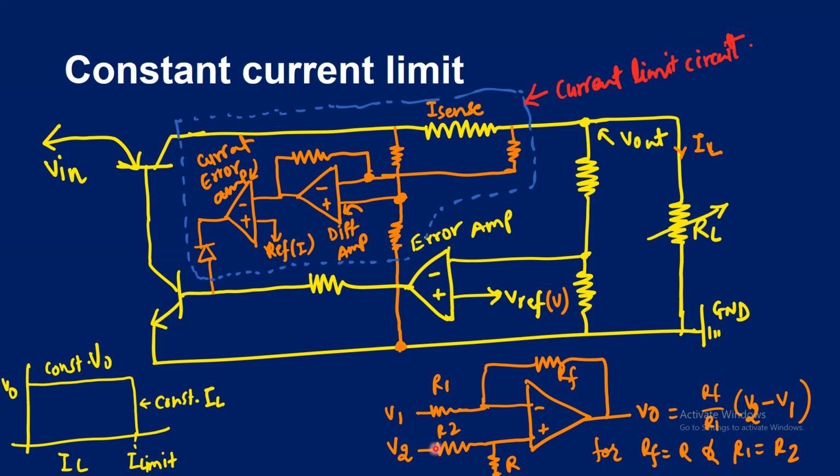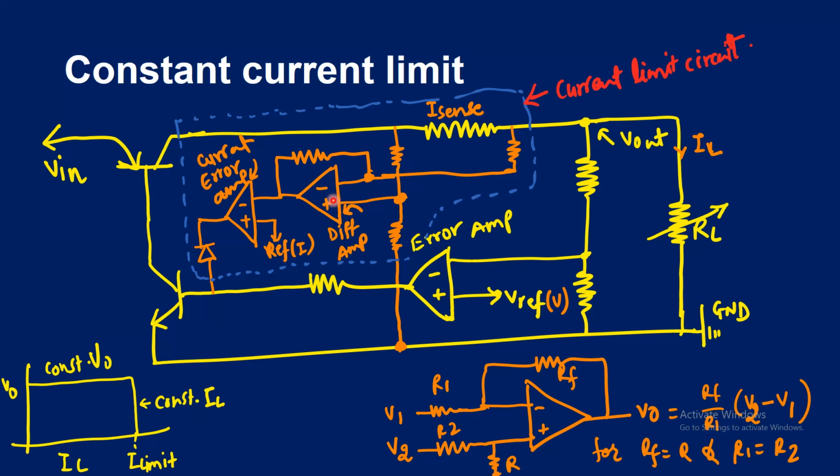There are resistors at the input side, a feedback resistor and one more resistor R. If you make sure RF is equal to R and R1 is equal to R2, then the output of the differential amplifier is given by RF divided by R1 times (V2 minus V1). So RF by R1 is just a gain set by the passive components. Okay, so this is that differential amplifier.